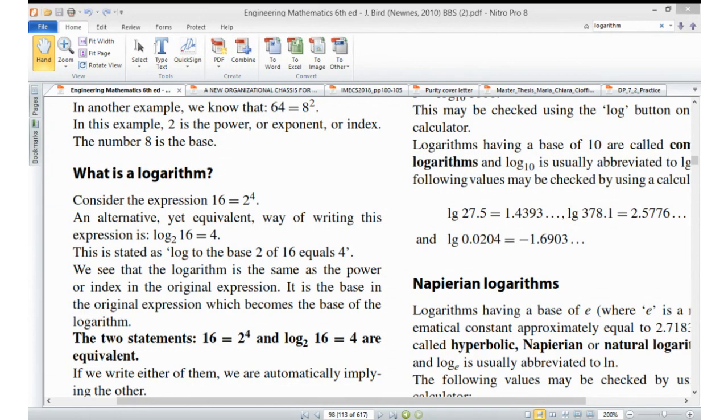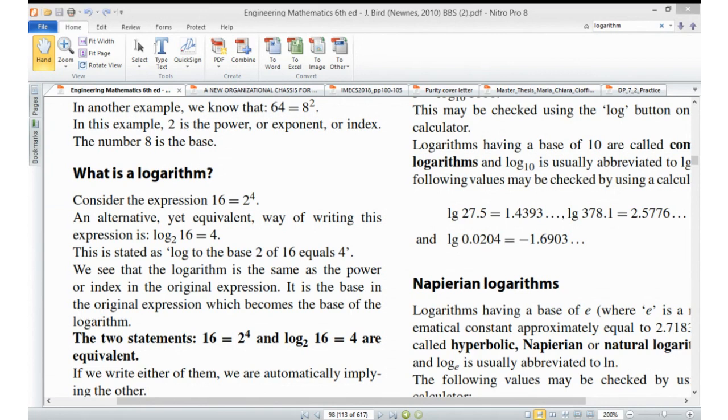So you can see the very close relationship between indices and logarithms. The two statements are of equivalent value.